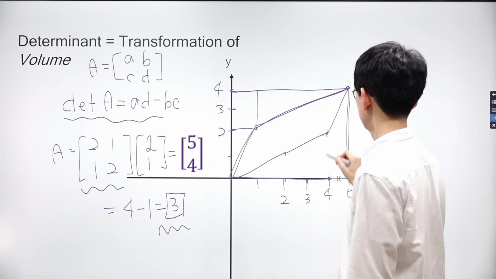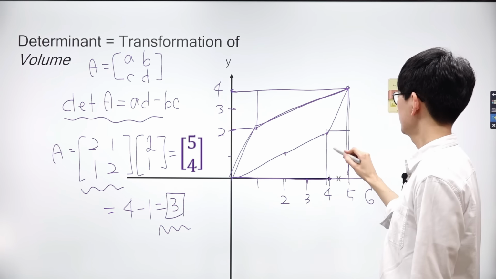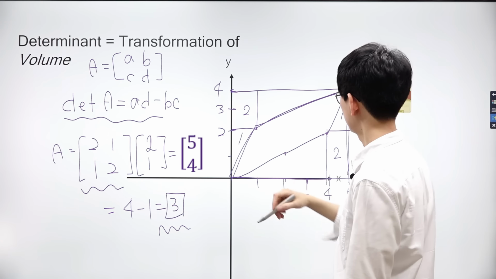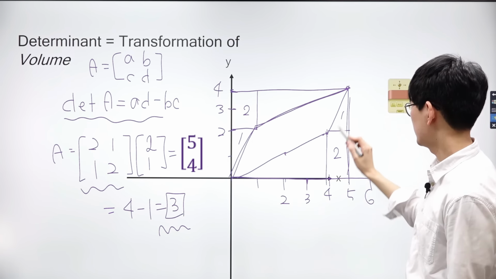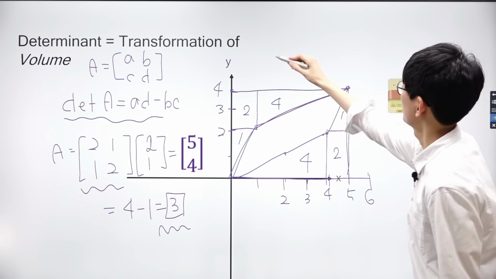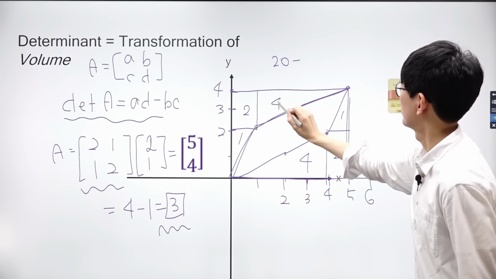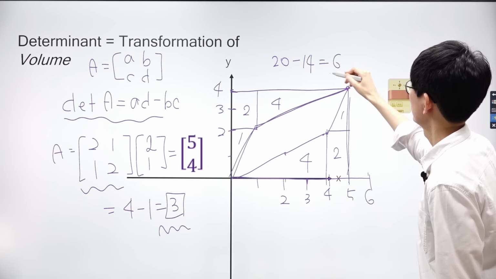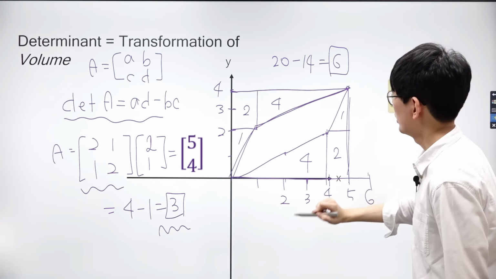Connecting vector 1, 2 to this scaled vector forms a new parallelogram. To measure its area, we split the square containing the parallelogram. The total area of the square is 20, with the uncovered area of 14, leaving the parallelogram's area as 6.